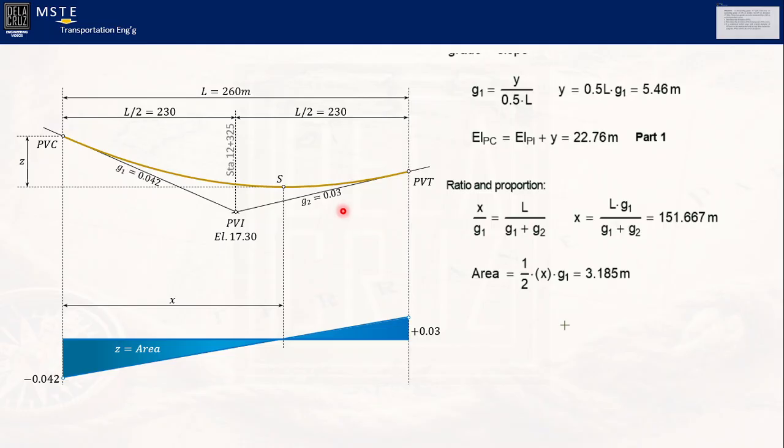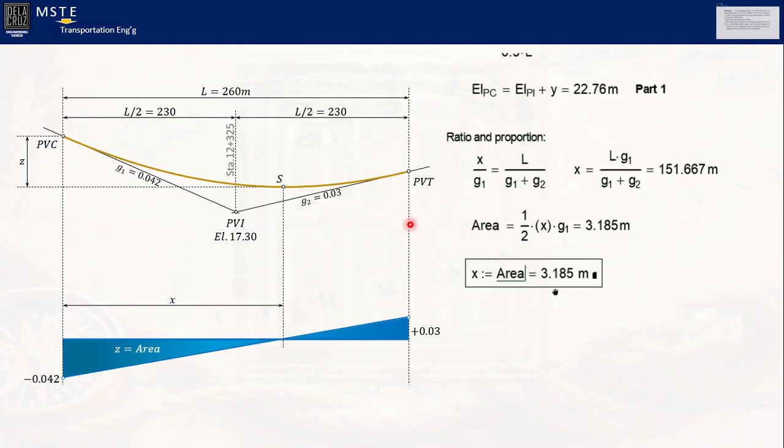Okay, dito, alam natin na mas mababa talaga yung lowest point. That means we just need to have the absolute value, no? Then, the value of Z, Z is equivalent to the area, as I have said there, the area under these 2 points in the grade diagram.